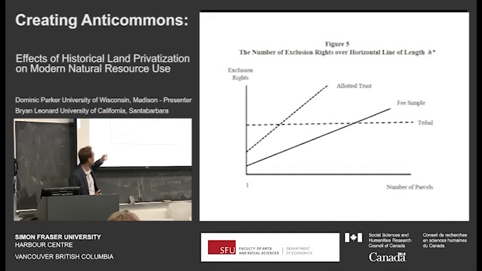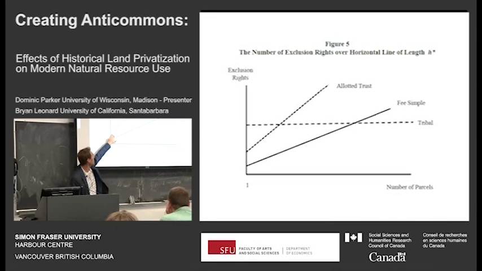So if you just start with fee simple, 1 exclusion right per parcel, the number of exclusion rights for that parcel would just be 1 if a parcel was large enough to contain a well that's H star length, or 2 miles. And then as you extend to 2 parcels, 3, 4, the number of exclusion rights just rises linearly.